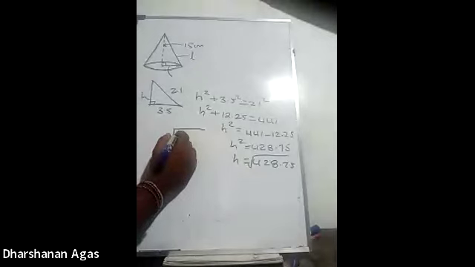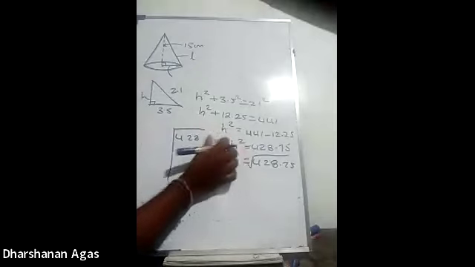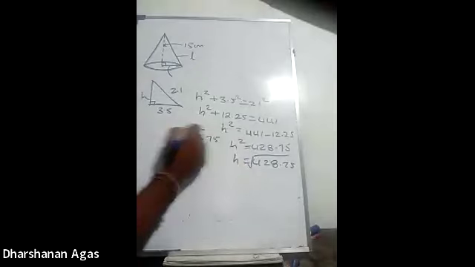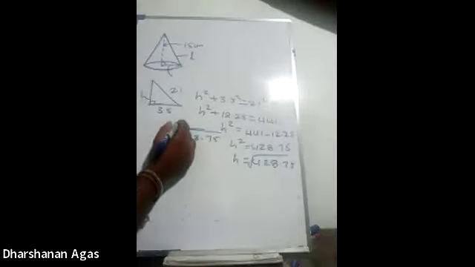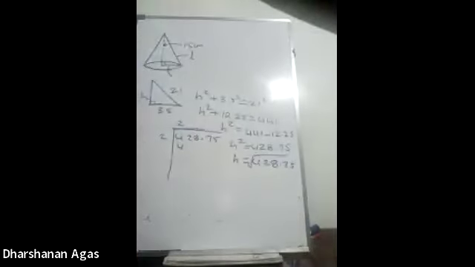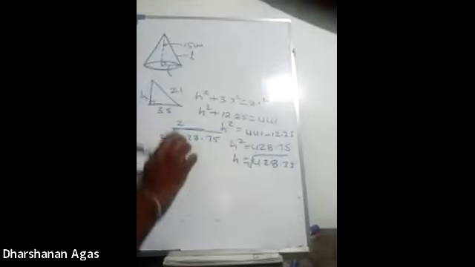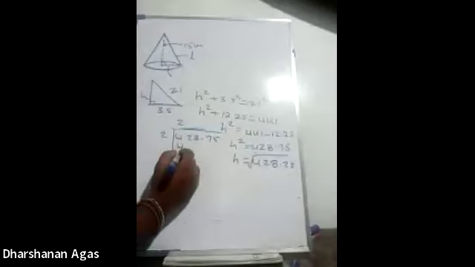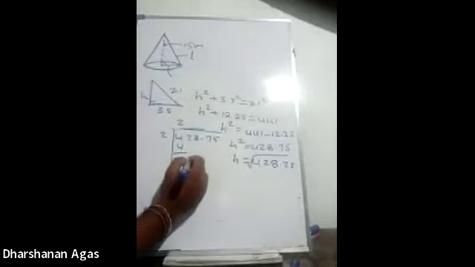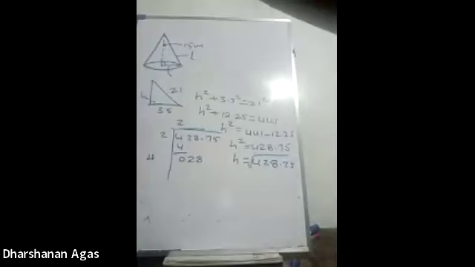Take 428.75 as 4 28 . 75, separating by two digits. First find the closest square number to 4, which is 4, 2 into 2. Remaining 0. Bring down 28. This is the second step in finding a square root. Twice of 2 is 4, written here.